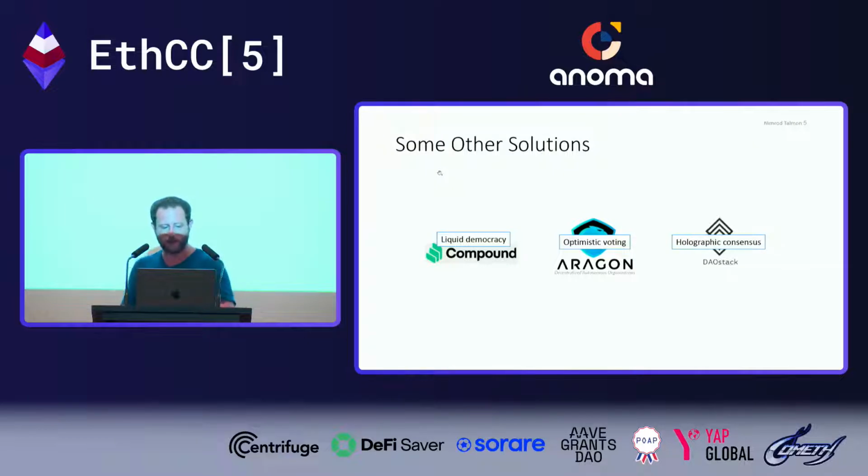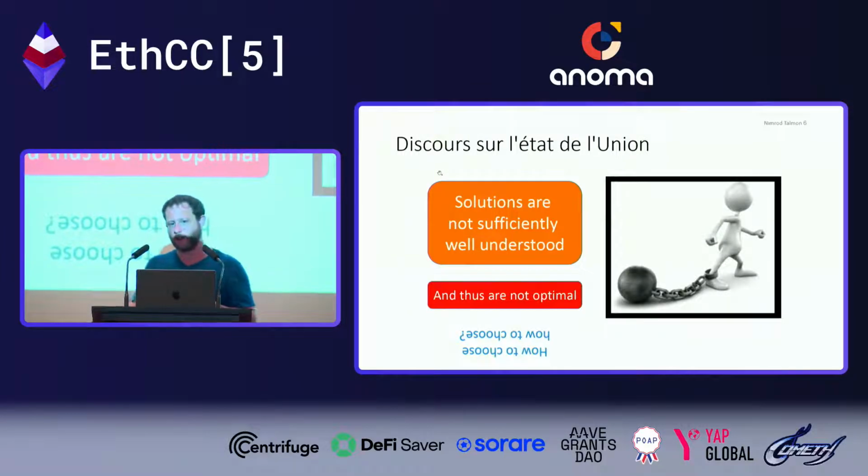There's also this nice idea of optimistic voting, and also holographic consensus by DAOstack. And there are many others. If you know of others, I will be happy to hear about them later. But still, I think that in the current state of the art, at least in the DAO ecosystem, there are some solutions, but they are not really sufficiently well understood.